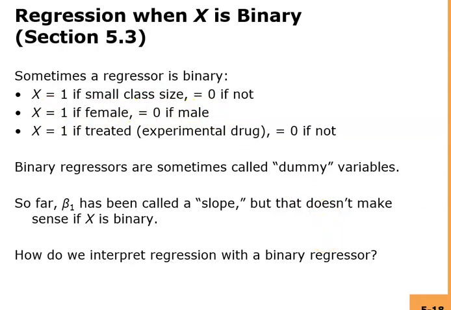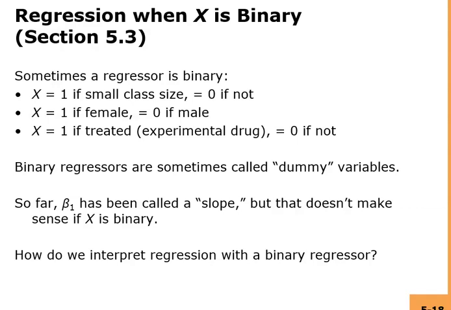Similarly, if we are looking at the effect of an experimental drug, we can say x is equal to 1 if treated, and x is equal to 0 if not treated by the experimental drug. These are some of the examples that I came up with.